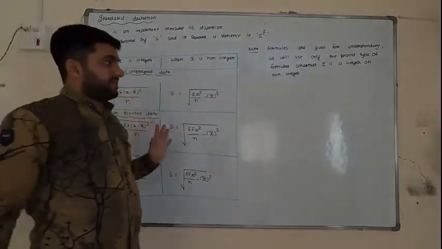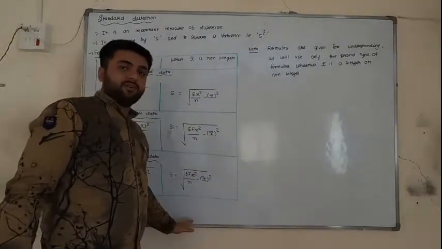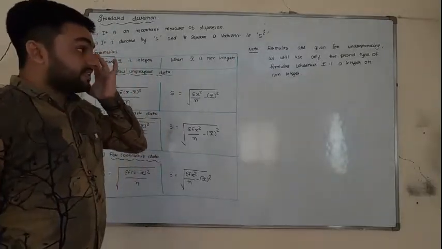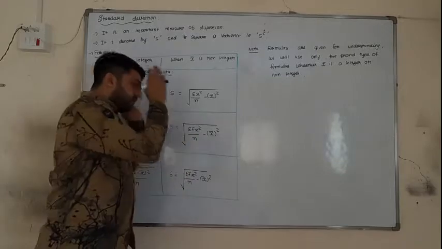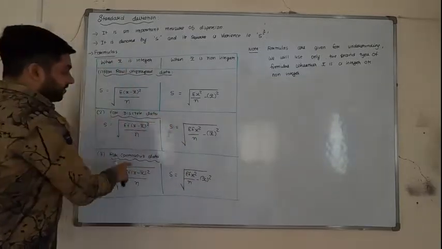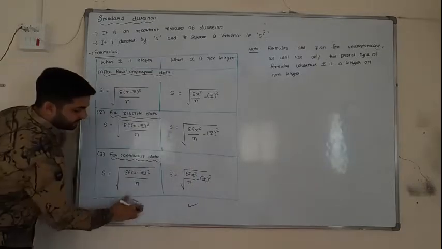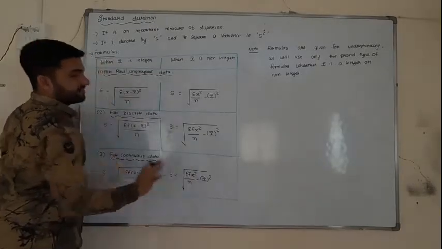Formulas are given for understanding. We will use only second types, all this. This is the first type, this is second type. Second type of formulas whether x bar is integer or non-integer. So always we will use this thing only. We will not use this thing. We will use this thing. Okay? This is for our understanding. You should know the things.